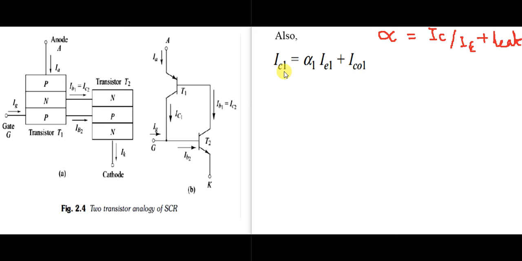IC equals alpha IE plus ICO1. So this is a leakage current. So the collector current is equal to alpha IE plus ICO.